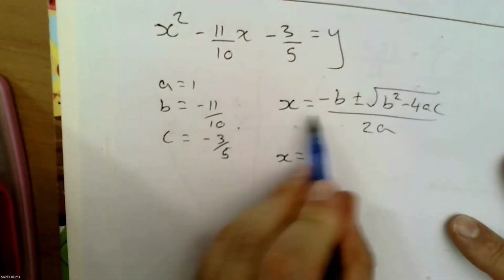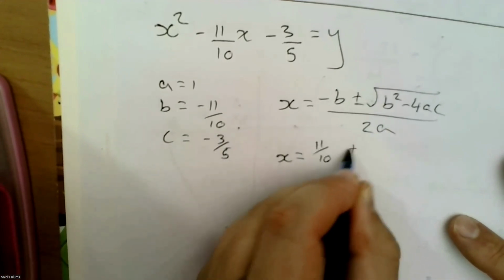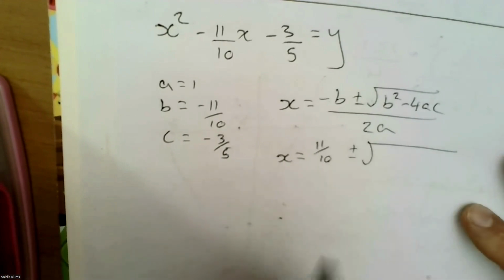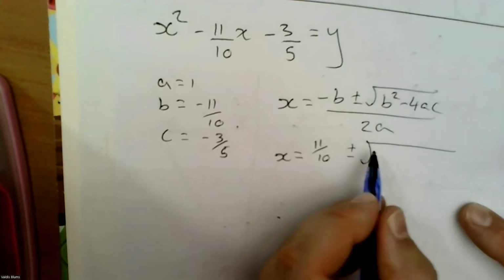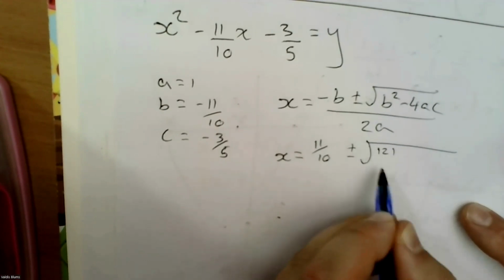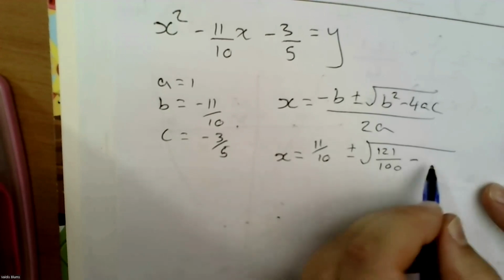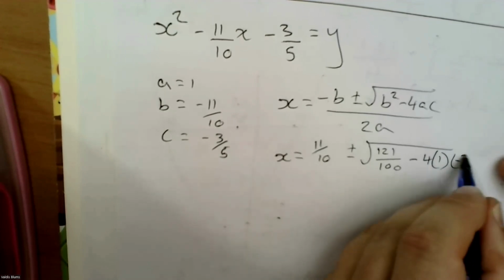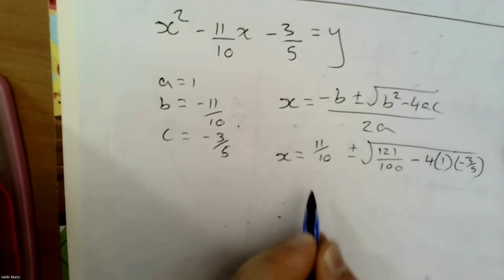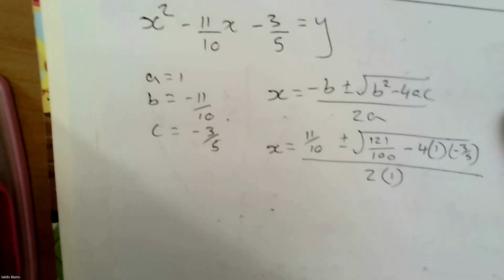So negative b, so negative negative, so we have positive 11 on 10 plus minus square root b squared, so 121 on 100 minus 4ac, so 4 times a value times c, which is -3 on 5, all over 2 times 1.